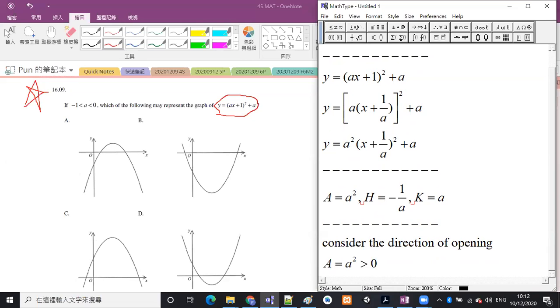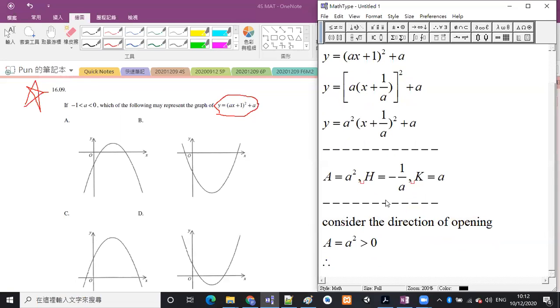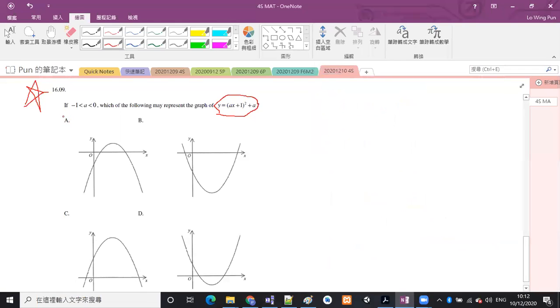No matter whether a itself is positive or negative, after being squared, the value of a square must be positive. Okay? So if the formula A is positive, then we can conclude that the graph must open upwards. Can you get this? Which means that option A and option C must be wrong. Okay? So we can eliminate option A and option C first.